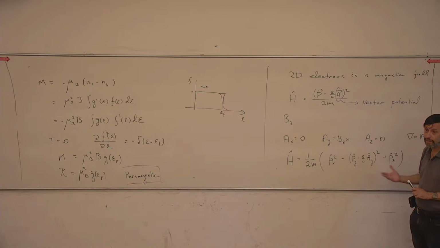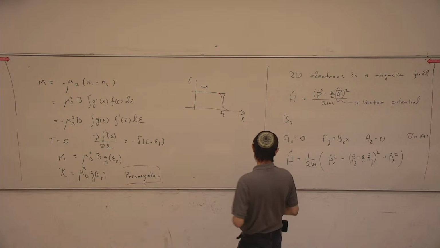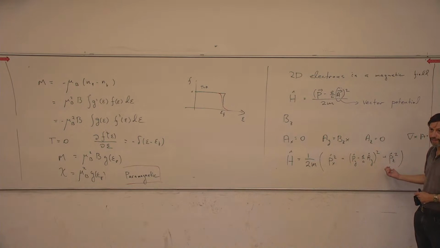So they are not in the game. Or in the y direction, I have to write down AY. Because it's not 0. So we get a non-symmetric Hamiltonian, but that's expected.